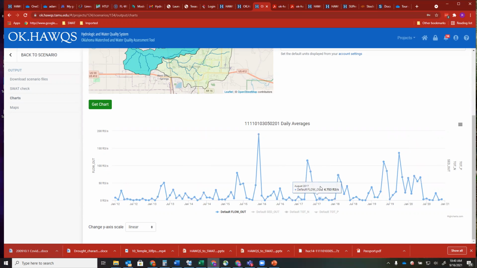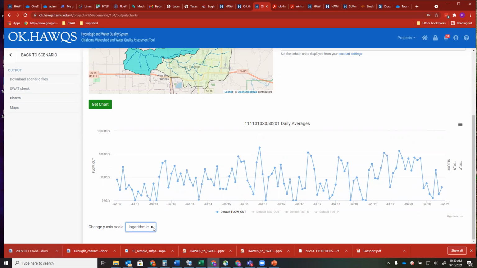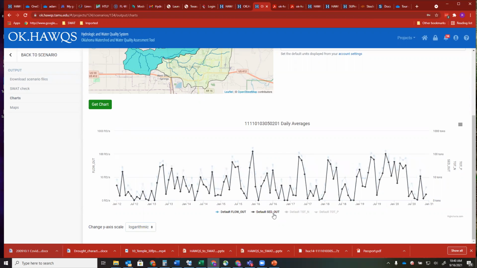And if, for some reason, the difference between low and high is too high, so instead of linear scale, you want to go log scale, you can also make that a log scale. So you can customize in many different ways what and how you want to display the results and so forth.